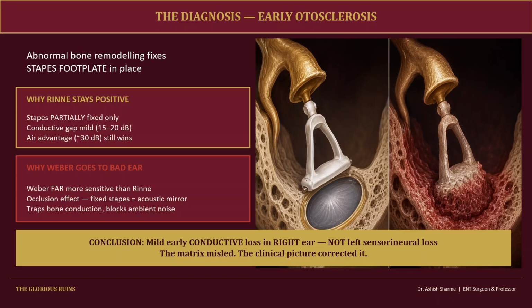And that family history: mother with hearing loss in her late 30s, requiring surgery, that was the otosclerosis diagnosis sitting in plain sight from the very first sentence she spoke. The tuning fork simply confirmed what the story already told us. Stapedotomy, surgical correction of otosclerosis, is exactly the operation her mother would have had.